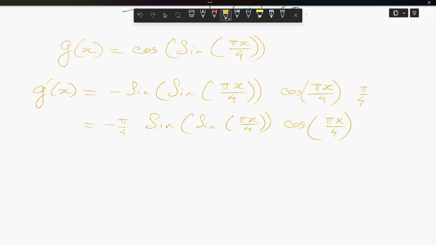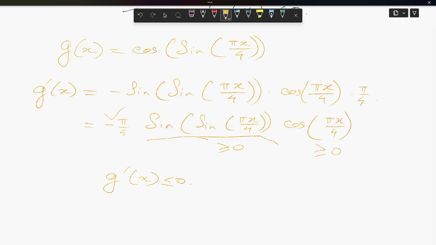This term will be positive because our πx/4 is in the closed interval 0 to π/4, and the sine of this thing is also greater than 0. So we can easily say that g'(x) is also negative for this closed interval given in the question.